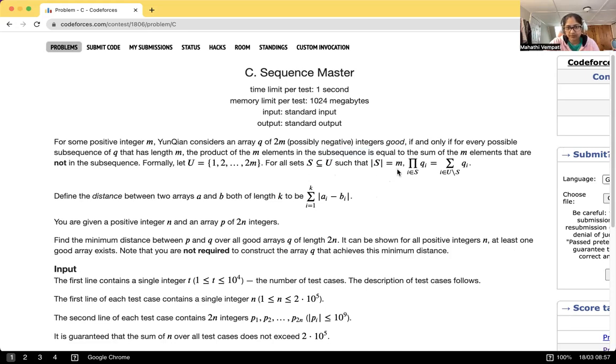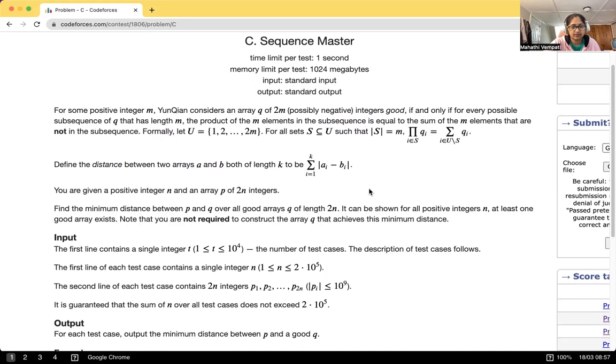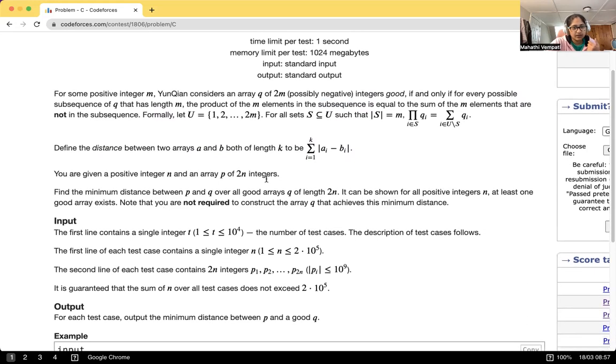So there's two m such subsets, right? Define the distance between two arrays A and B, both of length k. Okay, to be, yeah, makes sense. In a positive integer n, an array P of 2n integers.